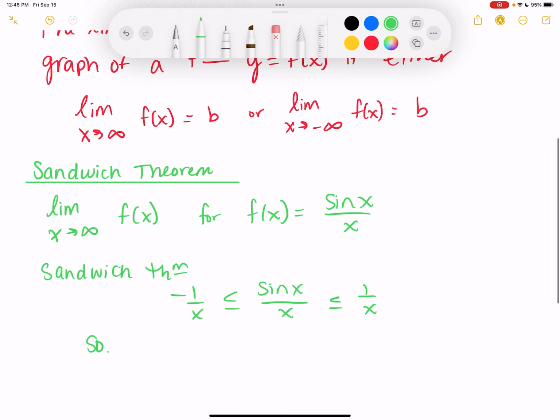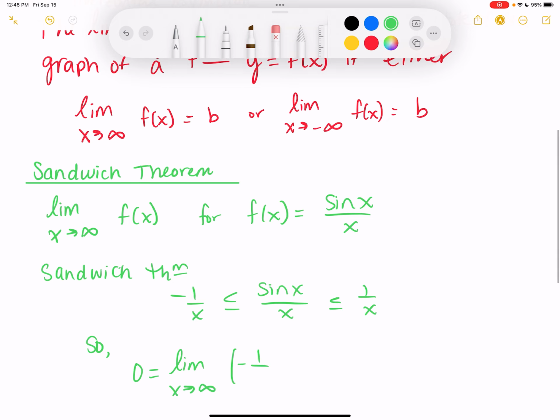So, by the sandwich theorem, 0 is equal to the limit as x approaches infinity of negative 1 over x, which is equal to the limit as x approaches infinity of the sine of x over x, which is equal to the limit as x approaches infinity of 1 over x, which is equal to 0.